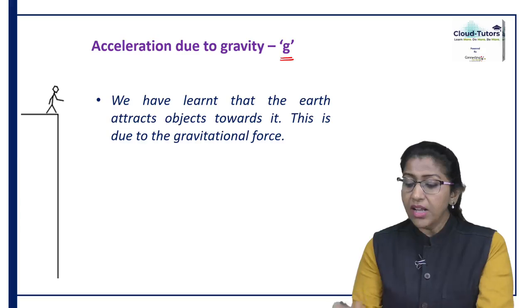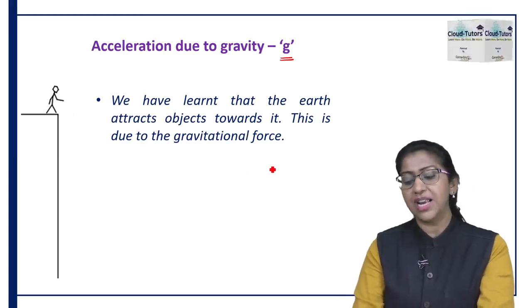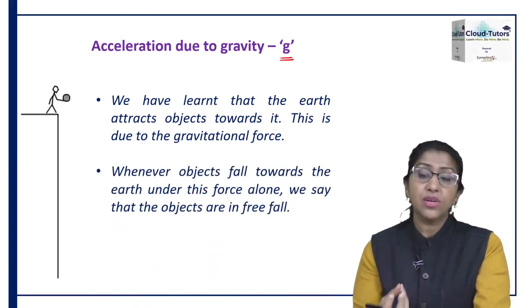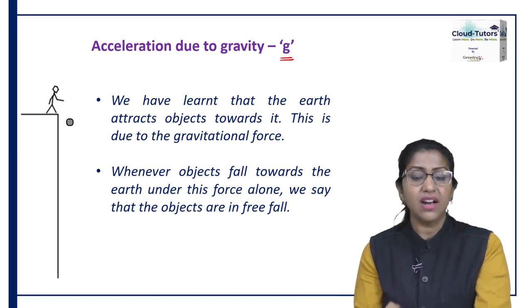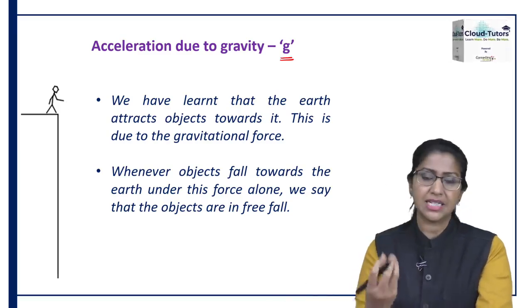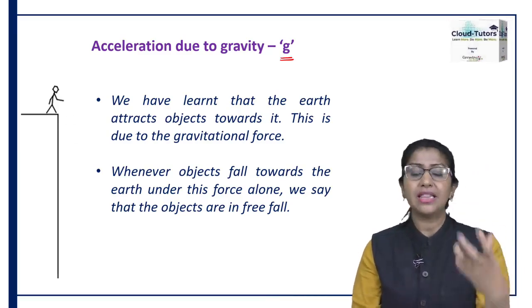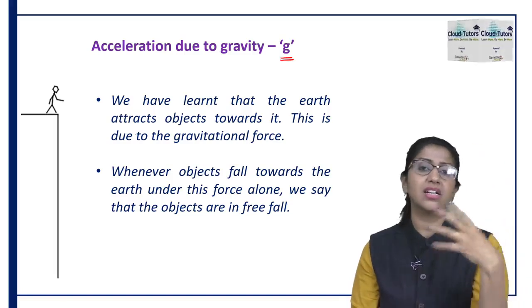So we have learned that the Earth attracts objects towards it. This is due to the gravitational force, and the acceleration produced in an object due to the gravitational force of attraction by the Earth or any other planet that is exerting a gravitational force. It does not mean that if I go onto Mars and drop an object, it will just float away.